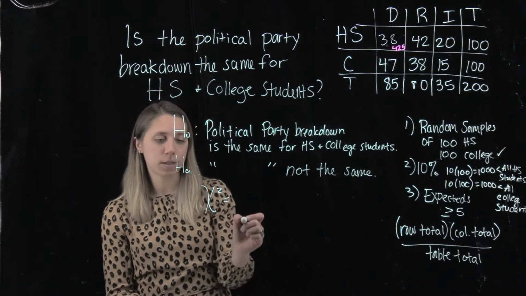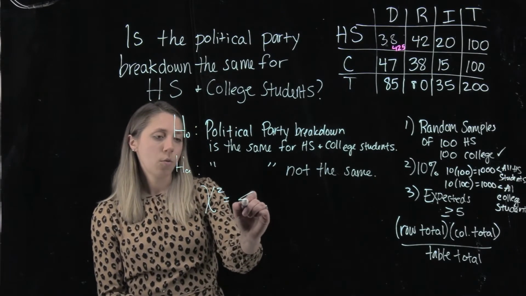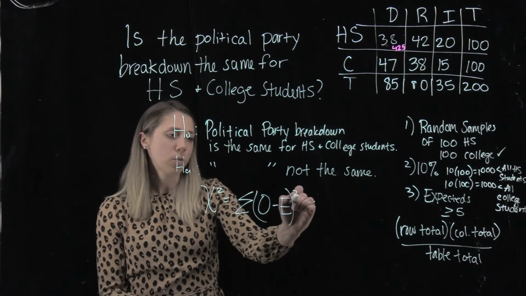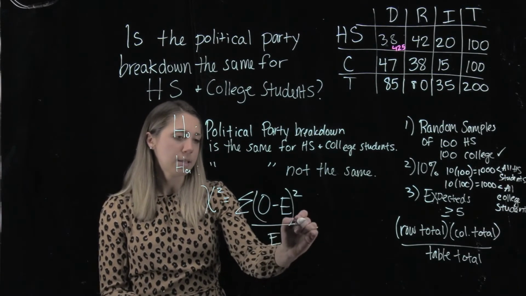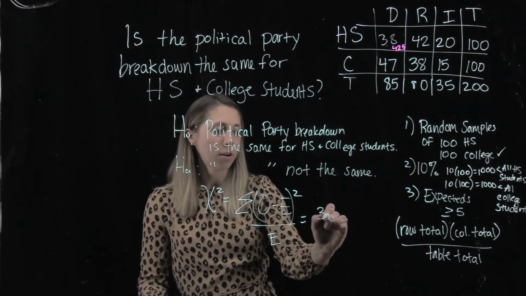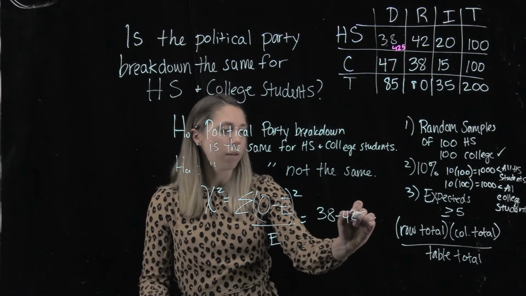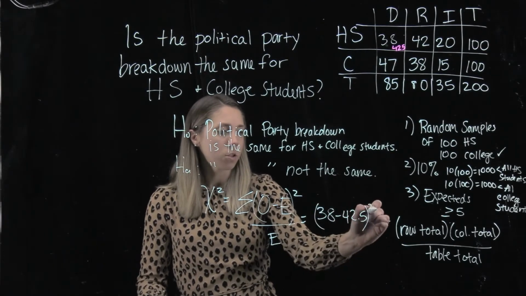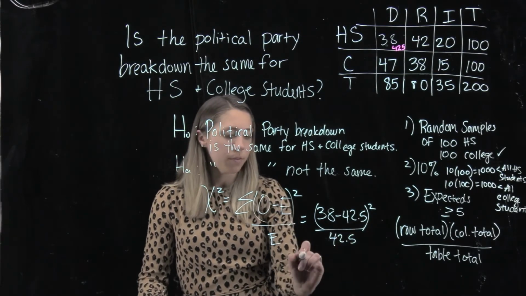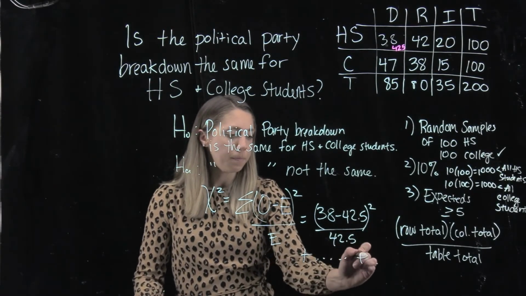Now finding our chi-squared test statistic, we want the sum of all of our observed minus expected squared divided by expecteds. So for that particular cell right there, we would have 38 minus 42.5 squared divided by 42.5. You would do that for all of them.